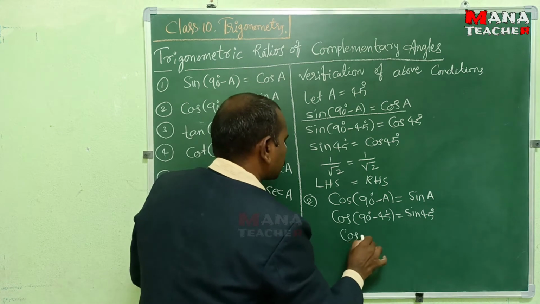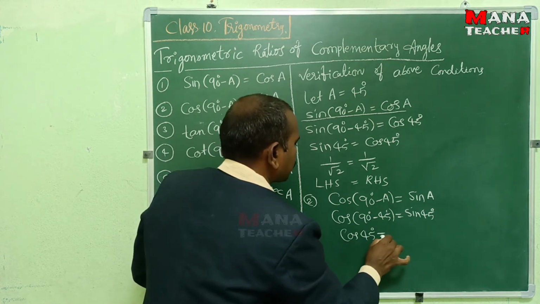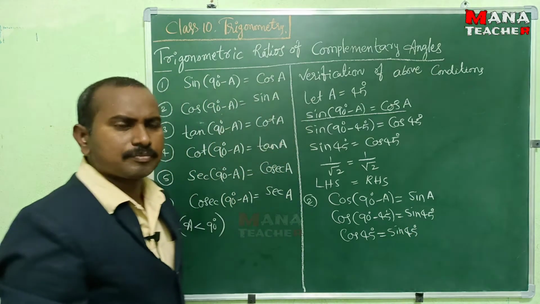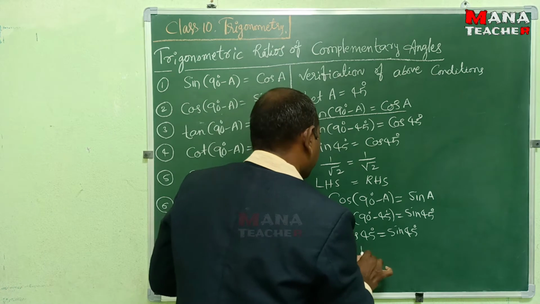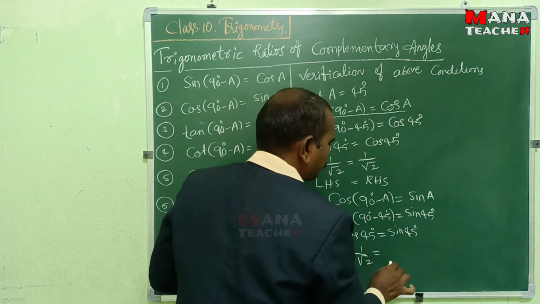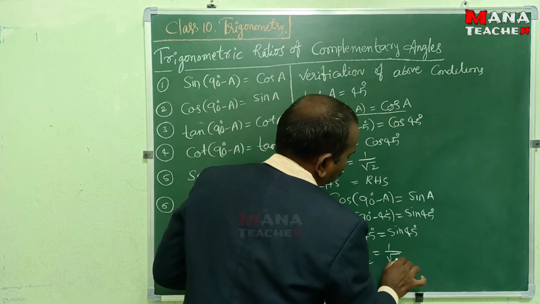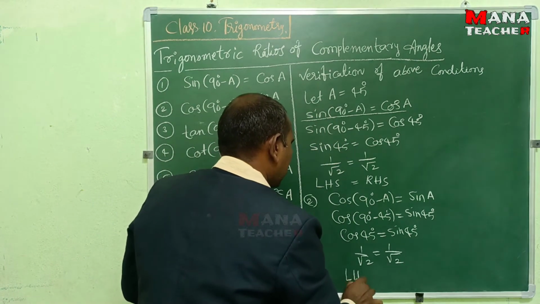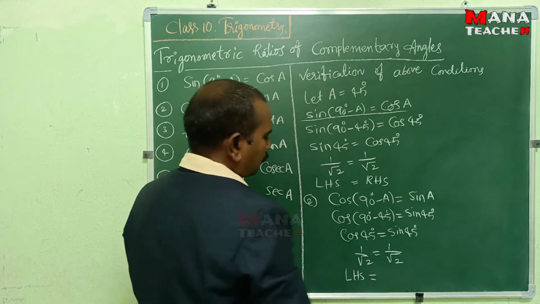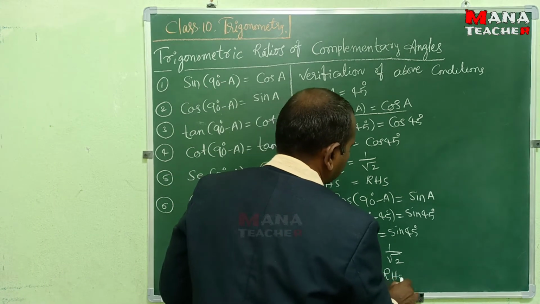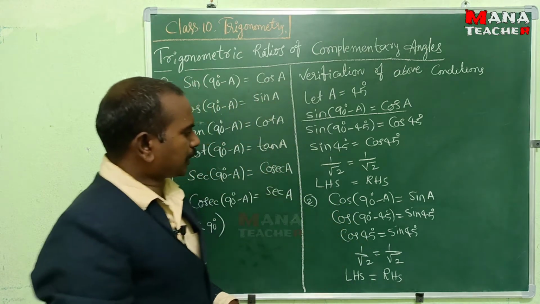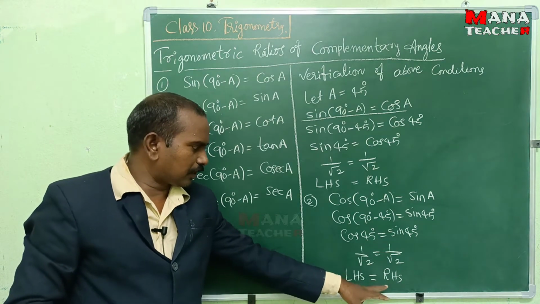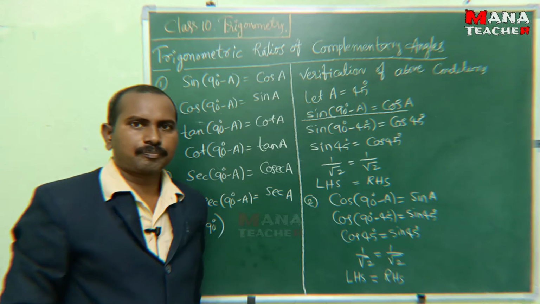Next, cos 45 equals sin 45 degrees. Now cos 45 is 1 by root 2 and sin 45 is also 1 by root 2. Here LHS is equal to RHS. The second condition is also proved. Sin 45 and cos 45 are the same.